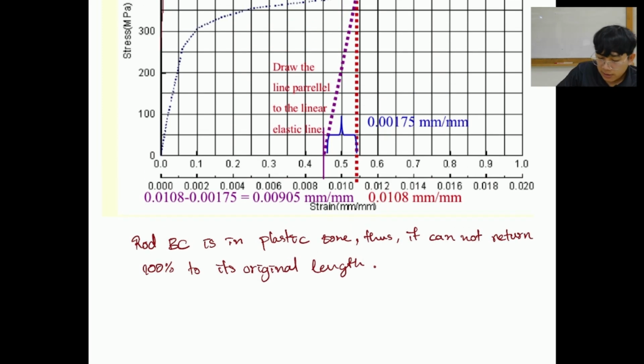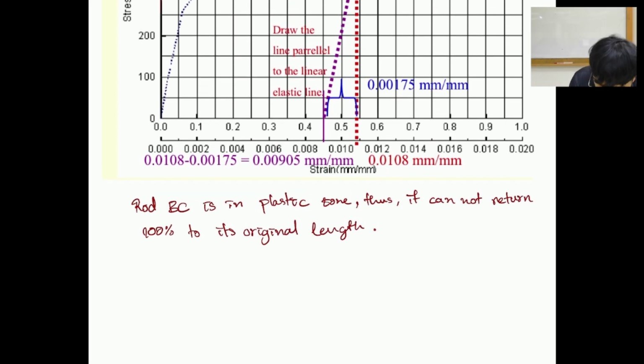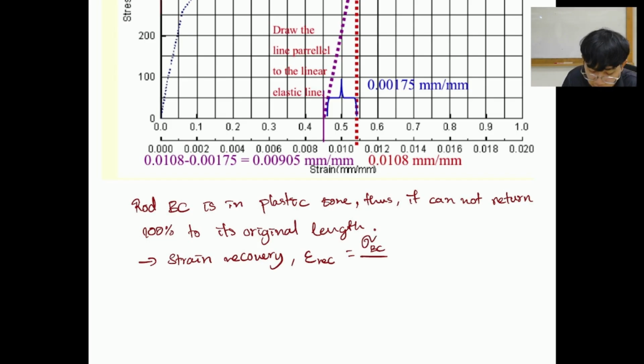Okay. Which means what we need to do next is, one, we need to find the strain recovery. Strain recovery comes from the material itself. So it's supposed to be stress BC. We apply Hooke's law to the rod BC because we would like to find the recovery by its energy.